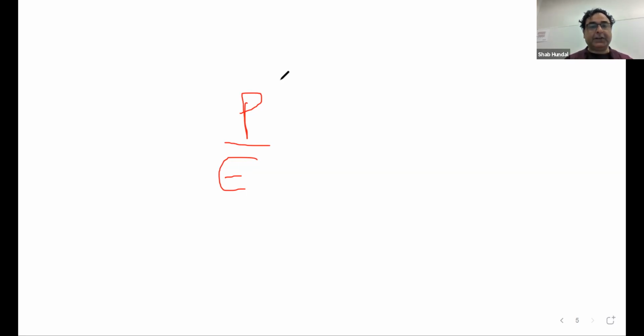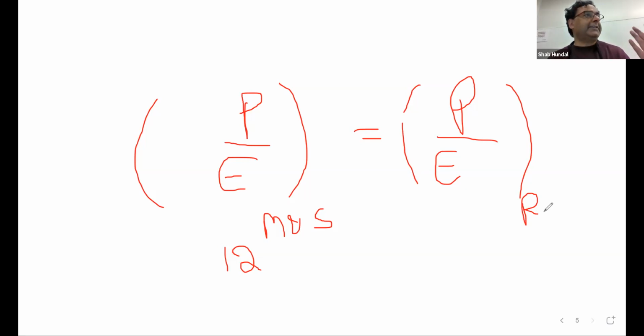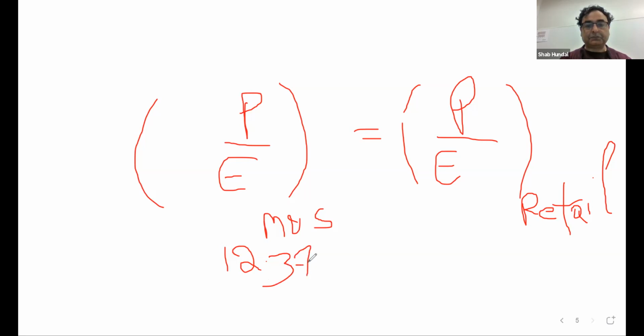Let's say the price to earning ratio of Marks and Spencer is 12, and the price to earning ratio of the retail index, which means all the industries in the retail sector in UK, is 12.37, let's say. And this is 10.05.